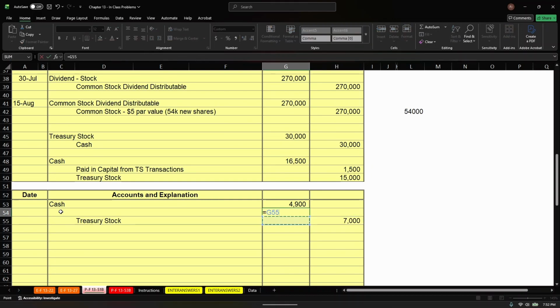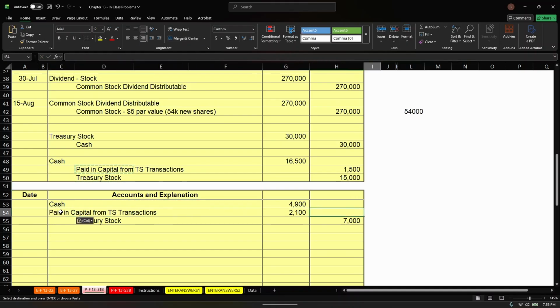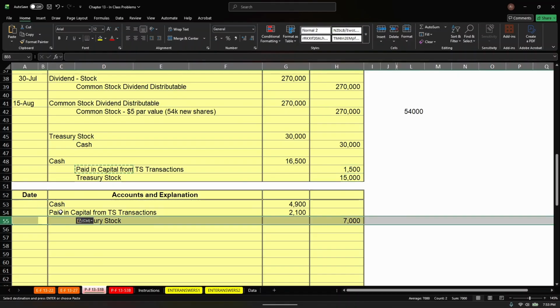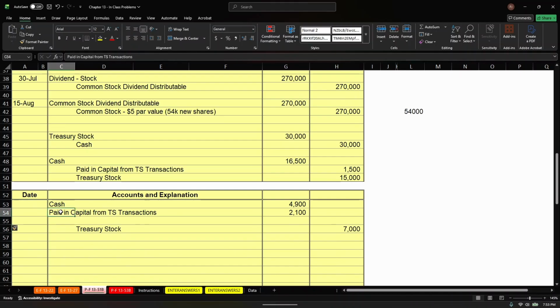And now we can see we are going to have to take some debit. Okay, so we can't just do this, because we only have $1,500 in our little piggy bank here. Okay, so we're going to have to split this up.